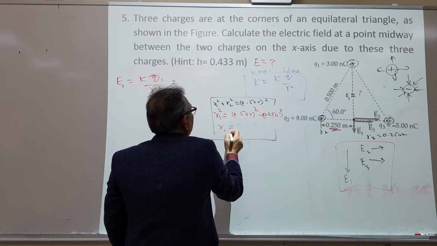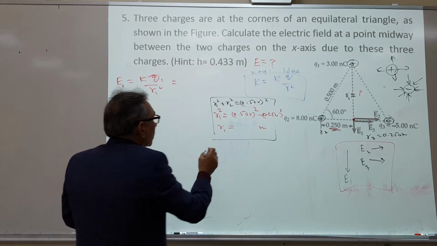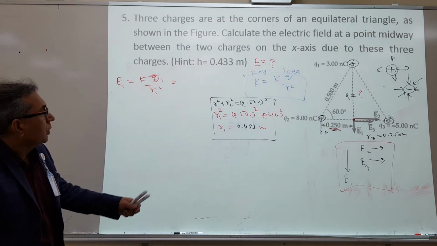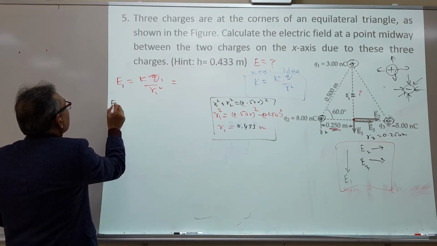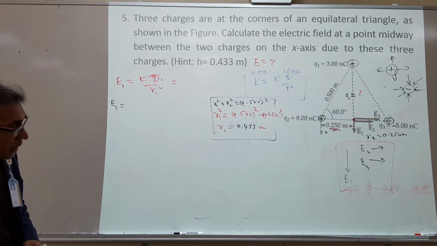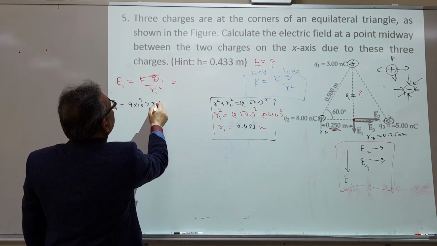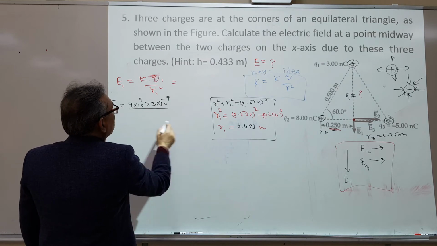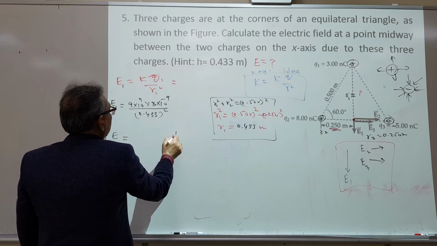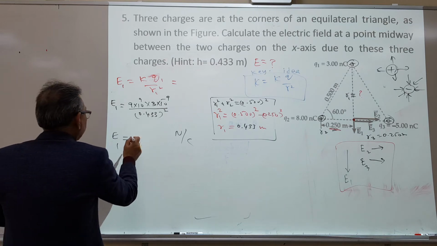So this is R1 square. After taking the square root, you will find this one R1, right? So E1, you will get K, which is given to you again, 9 times 10 raised to the power 9, Q1 3 nano, R1 square. So you get 144.